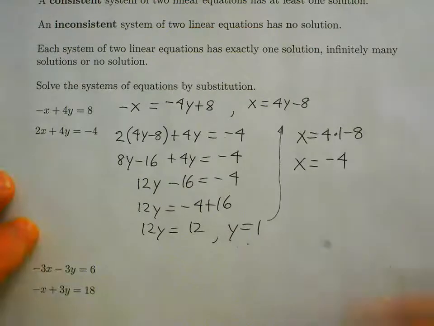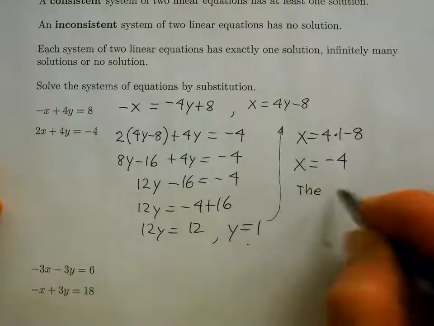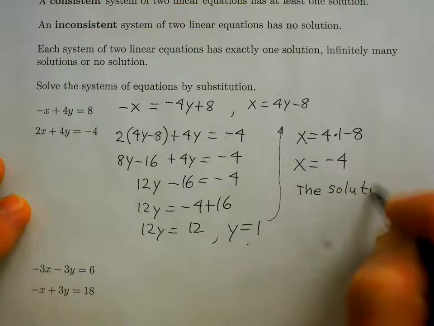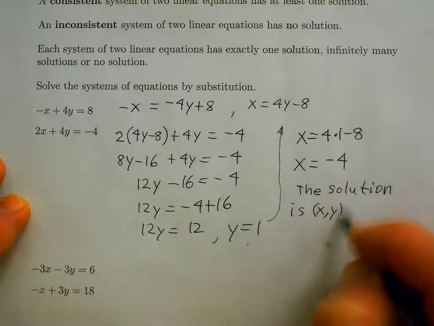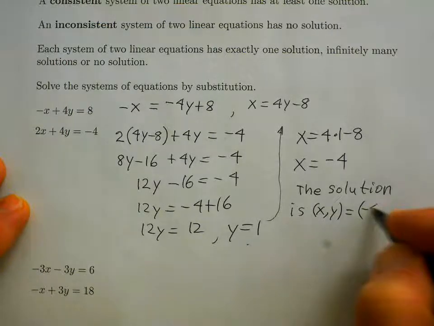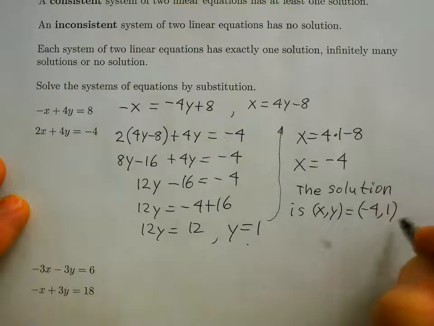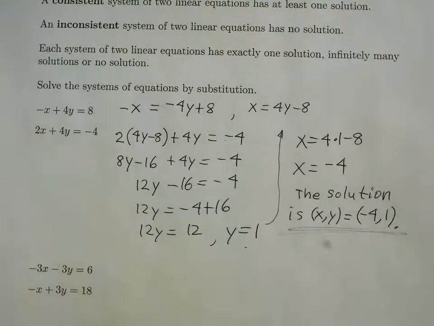And so the solution to the system is the ordered pair xy. The x-coordinate is negative 4, and the y-coordinate is positive 1. That's the solution to the system.